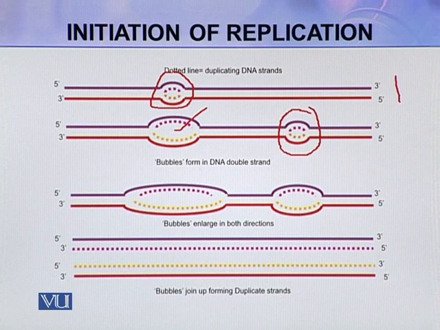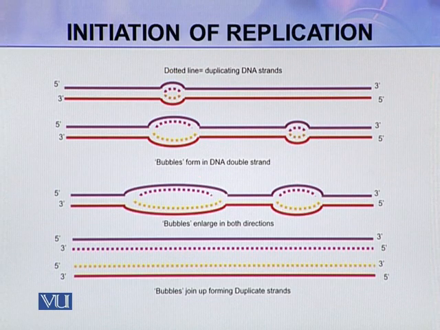So here in a short piece, you can see two sites or two origins of replication. These replication forks move towards opposite directions, and finally the whole DNA molecule is replicated. It may start at 2 points, 3 points, hundreds of points, or even thousands of points.